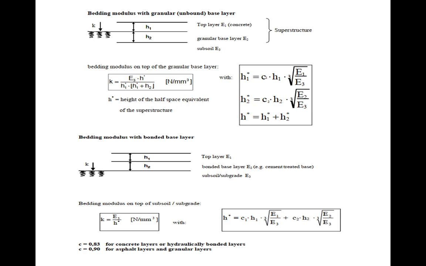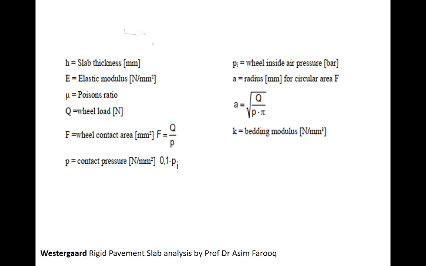You can see here, if we want to determine the bedding modulus with the granular unbounded base layer, unbounded base layer means when all the layers are basically acting like before. As we already mentioned, all those formulas were used in the previous formula.